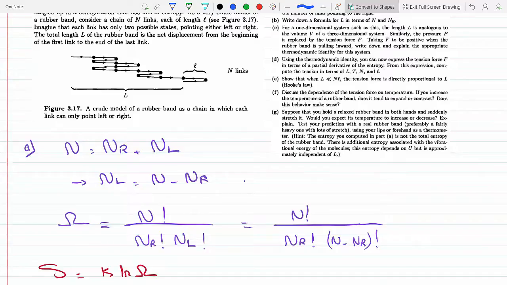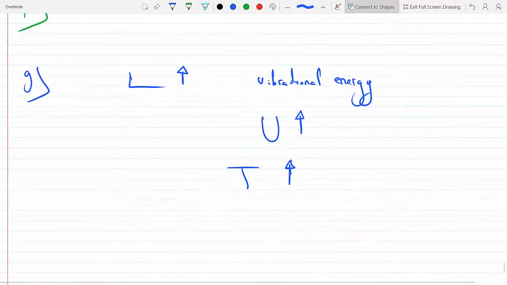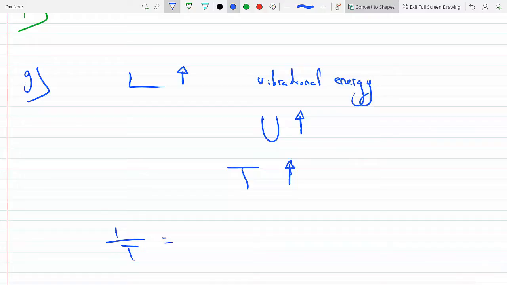And if the entropy changes, we learned that 1 over T, if you guys remember, I believe it was dS over dU, when we hold the number of molecules in the volume fixed.